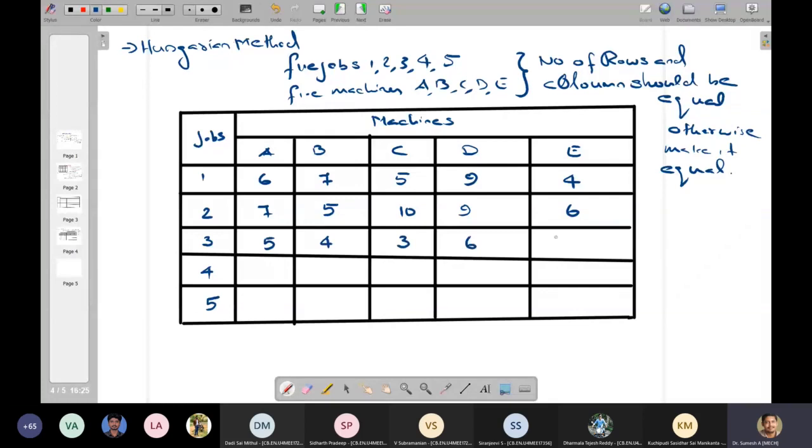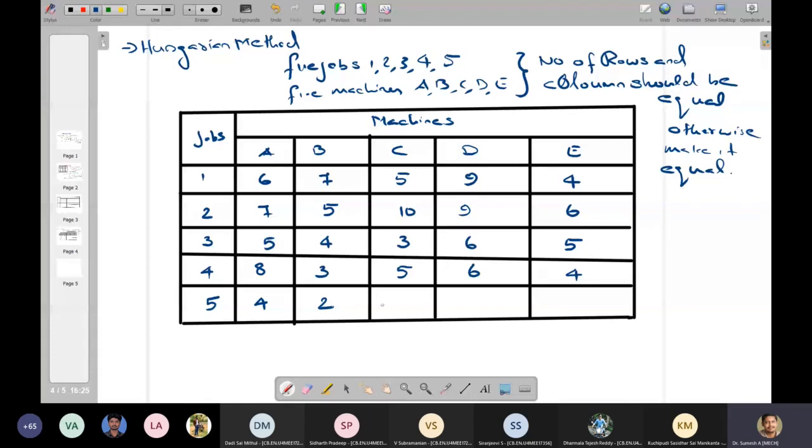Then 8, 3, 5, 6, 4. And the last is 4, 2, 5, 6, 6. So this is the question.